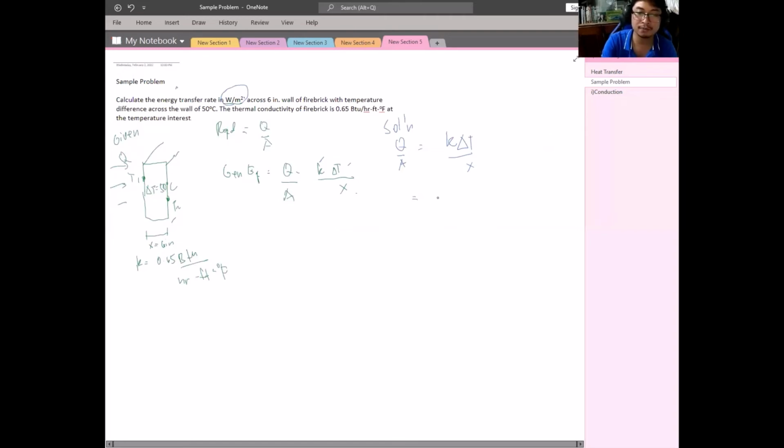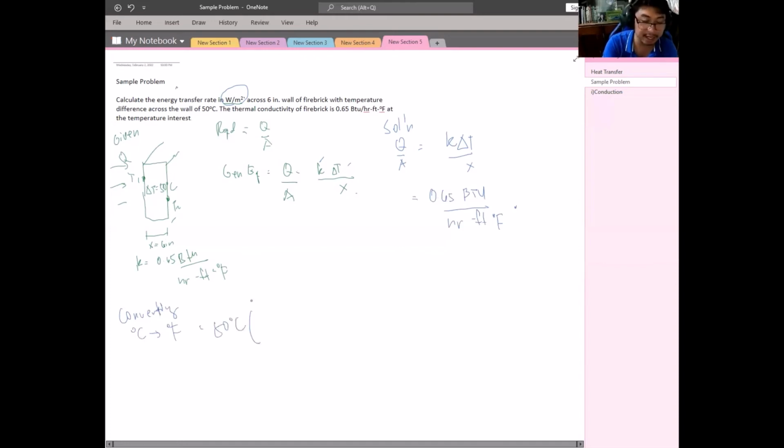So, k is 0.65 BTU per hour feet Fahrenheit, then multiply by delta T. But your delta T is 50 degrees Celsius, so convert natin sa Fahrenheit.